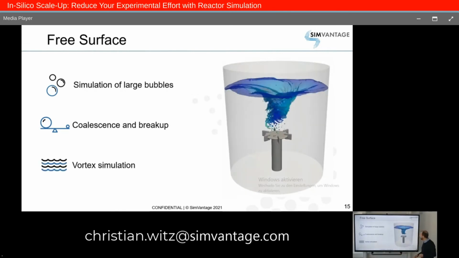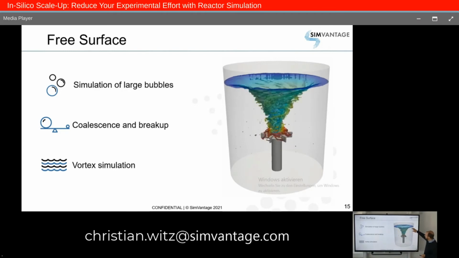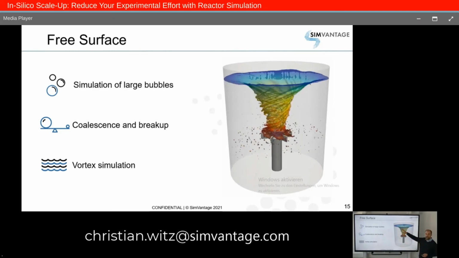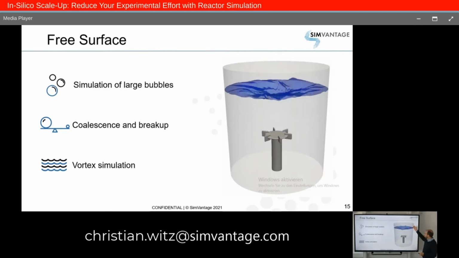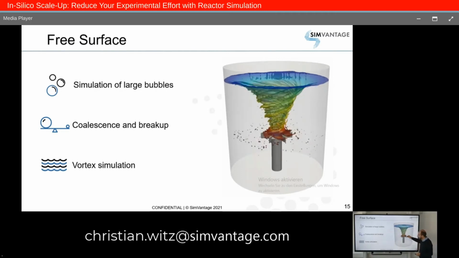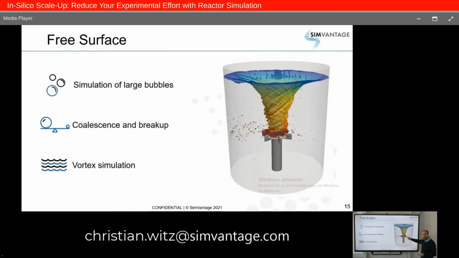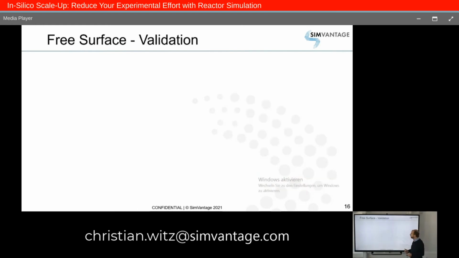But what we can do with this free surface model is to model the free surface of the reactor. And if you have a reactor without any baffles, then this vortex is formed. And with the free surface model, we can simulate the vortex. And this is especially important because when this vortex touches the stirrer, then it often comes to foaming.